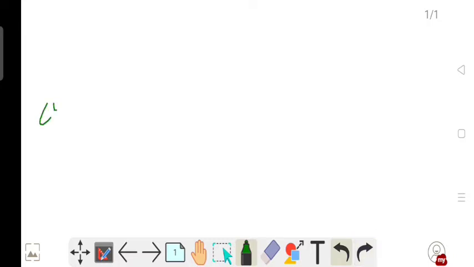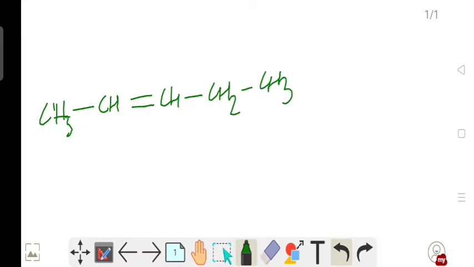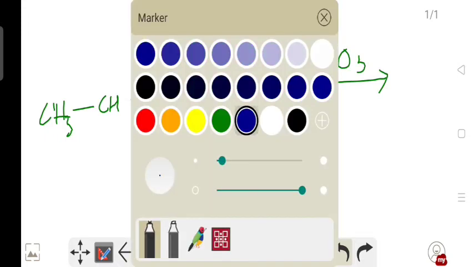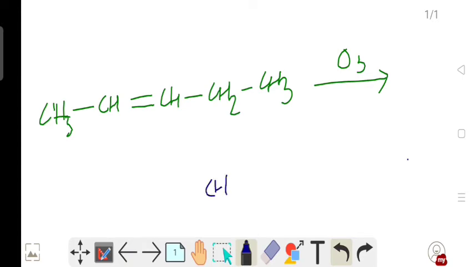CH3-CH=CH-CH2-CH3, then if we use ozone at the first step, it will first form a 3-member cyclic transition state like this: CH3 CH CH CH2 CH3.